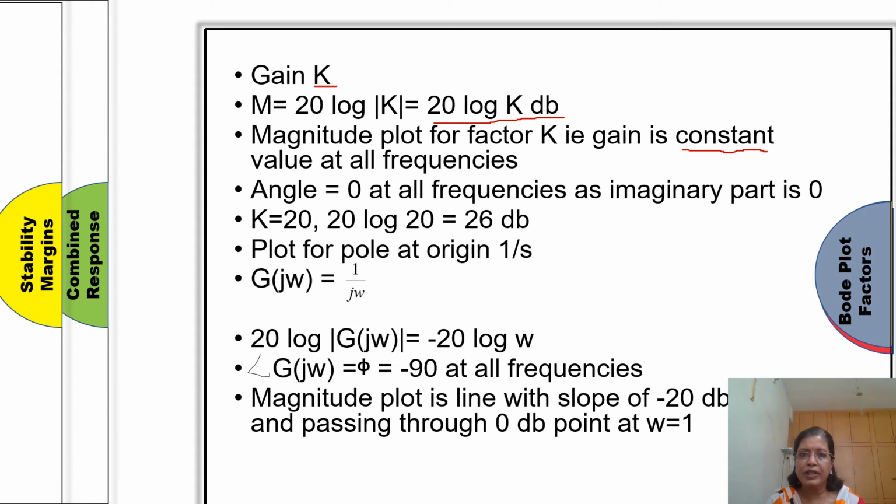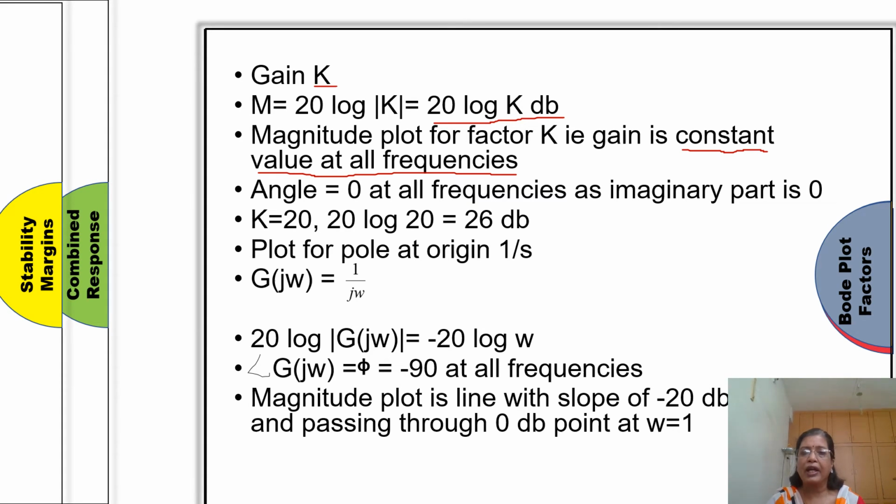Whatever the value of 20 log K, the same value will be there whether ω is equal to 0, 10, 20, 1000, or infinity. So the magnitude of gain K is always constant.